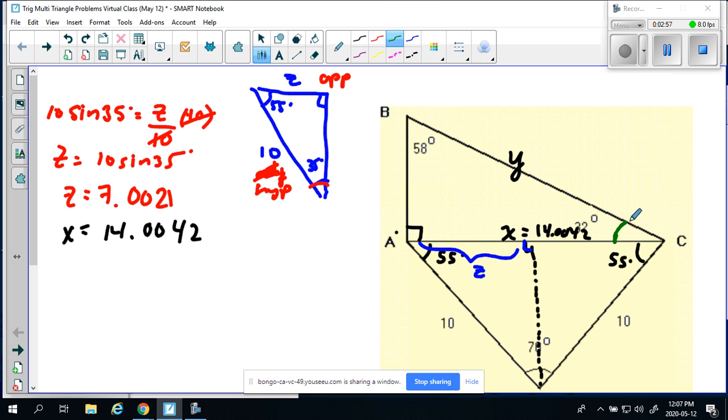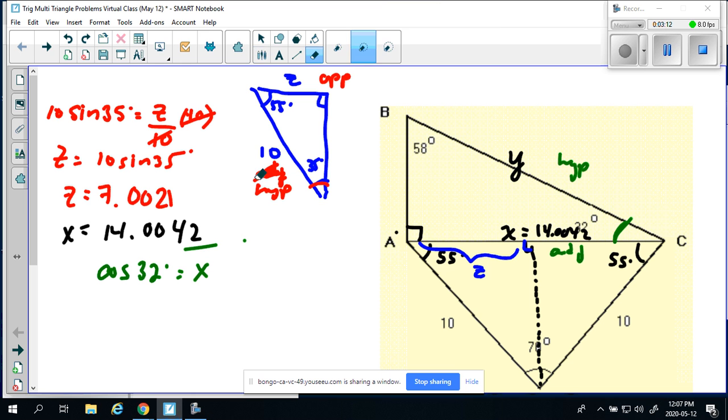So if I'm standing here, then this is the adjacent and this is the hypotenuse. So then I'm looking at cos of 32 degrees is equal to x over y. But we know what x is. It's 14.0042 divided by y. So this does get a little bit ugly because y is in the bottom.